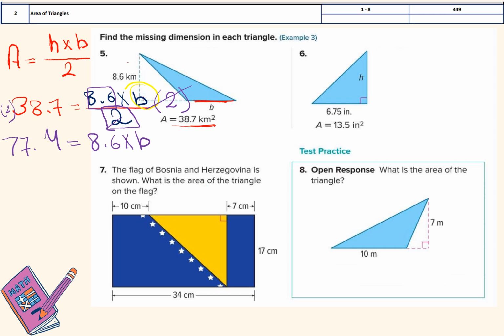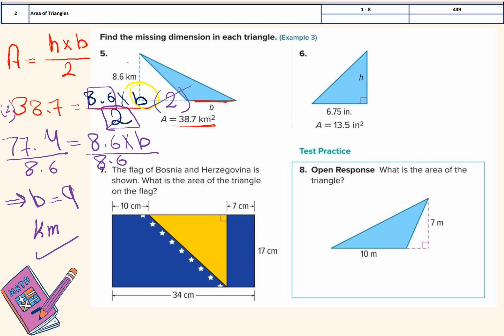Because 8.6 is multiplied by b, and I know that the inverse operation of multiplication is division. I'll be dividing both sides by 8.6. So b equals 77.4 divided by 8.6. The answer is going to be 9. So this is the base. 9 kilometers. Okay?